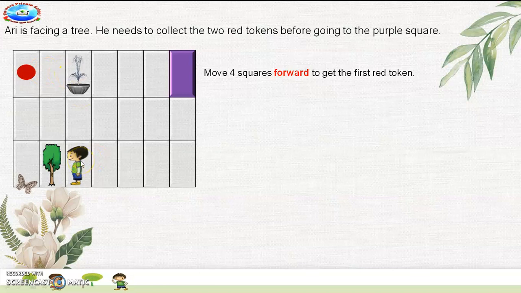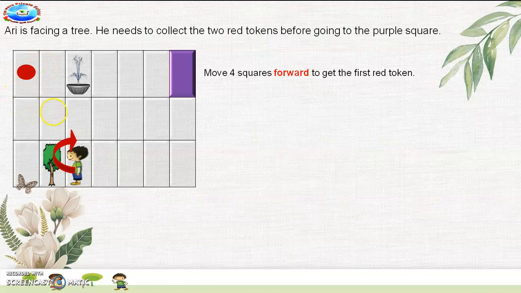So next Ari needs to go to the water fountain. How will he go to the water fountain? He is not facing the water fountain. So first he needs to take a turn. And what about the turn? Yes, he can make a quarter turn. And in which direction? Is it clockwise or anti-clockwise? Look at the direction.